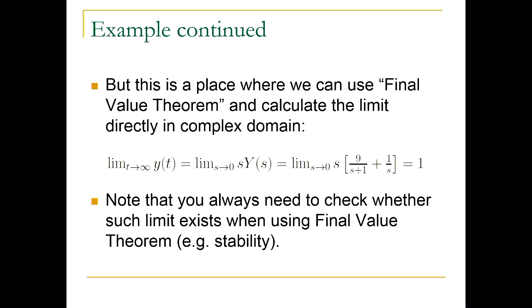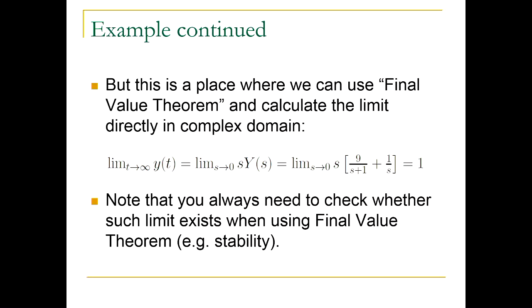So we can use the final value theorem by saying this will be equal to this, but this is equal to this only if the limits exist. In this case, we already checked that the limit exists in the time domain. But later on, we will learn how to check this without going to the time domain, using poles, etc., of the complex function. So if you check here, the limit as s goes to 0 of s times this is again 1.